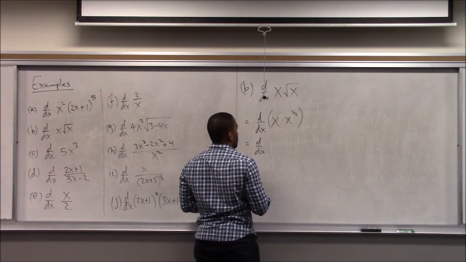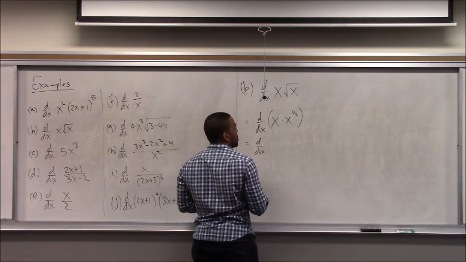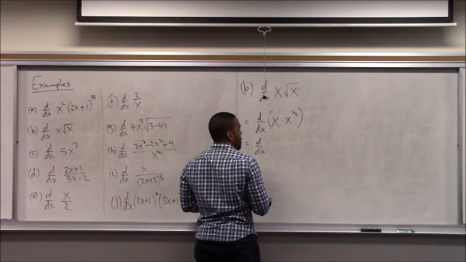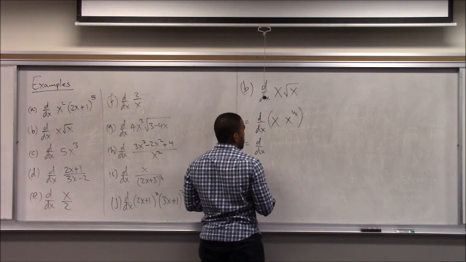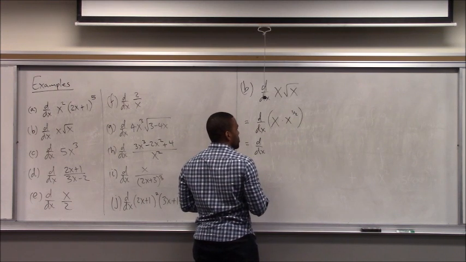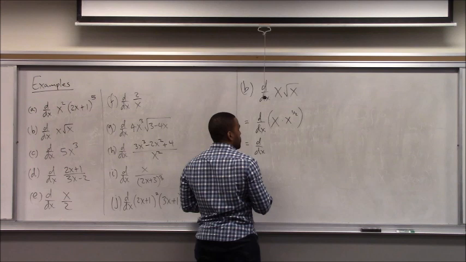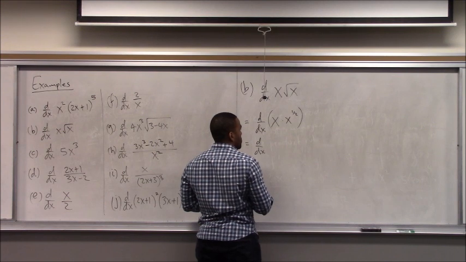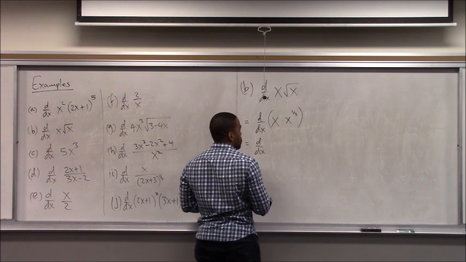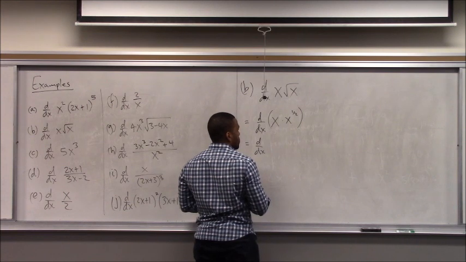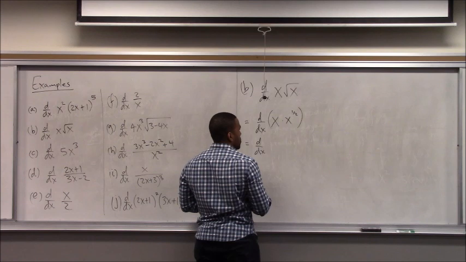We don't actually need the chain rule, and in this case, you don't actually need the product rule. Yeah, you're still doing the product rule. What is this? It's just x to the 1. It's not x, that's why it's 1/2.